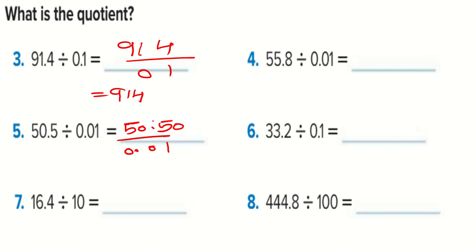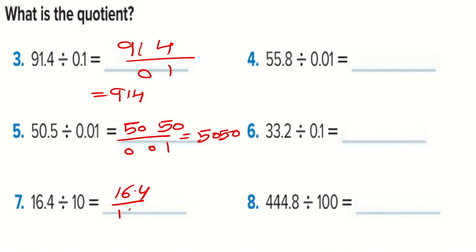Now the numerator also has 2 decimal places, and the denominator also has 2, so we can cancel the decimal point. The two zeros on the left are now meaningless, because any zero you write on the left is meaningless. So in the denominator you have only 1. What will the answer be? The answer will be the numerator, 5050.